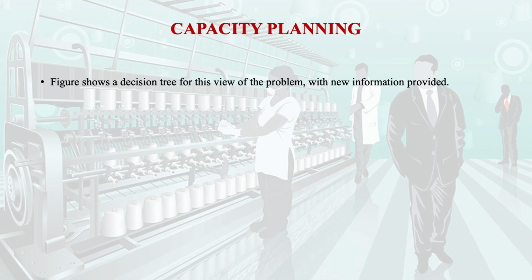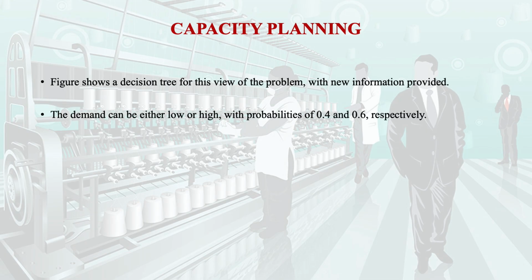If we see the figure, it is a type of capacity planning problem solution. The demand can be either low or high with a probability of 0.4 and 0.6 respectively. The initial expansion in year 1 can either be small or large.